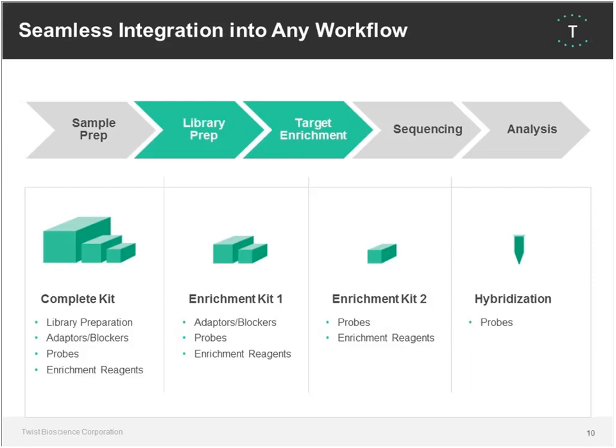I'd also like to show here that Twist offers their target enrichment products in a varying amount of kit configurations. From here on the left, the complete kit, which includes the library construction, adapters, blockers, buffers, beads, and probes, all the way down to probes alone on the far right.